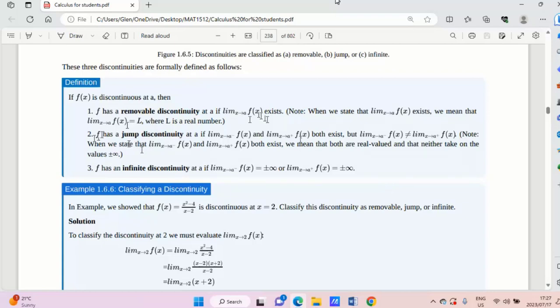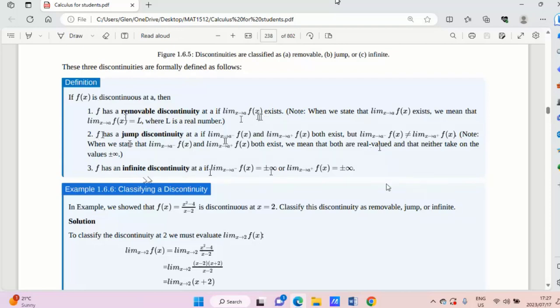Number 2, f has a jump discontinuity at a if the limit of f of x as x approaches a from the left and the limit of f of x as x approaches a from the right both exist but are not equal.